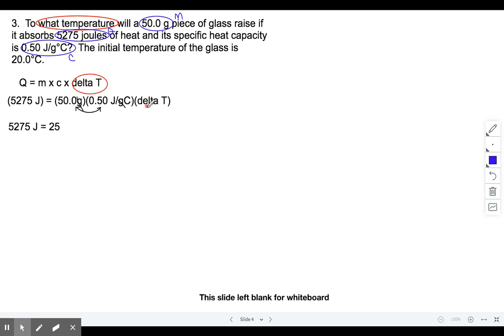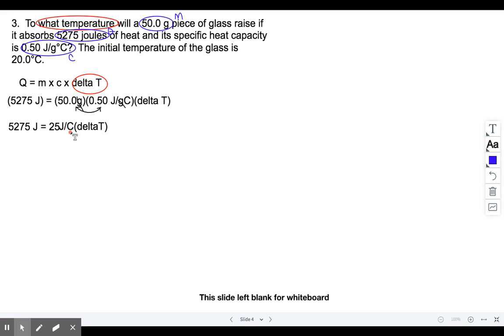Now I just have joules over Celsius, so 25 joules over Celsius, still multiplied by delta T. I just multiplied the 50 grams times the 0.50 joules per gram Celsius, and I canceled the grams out.